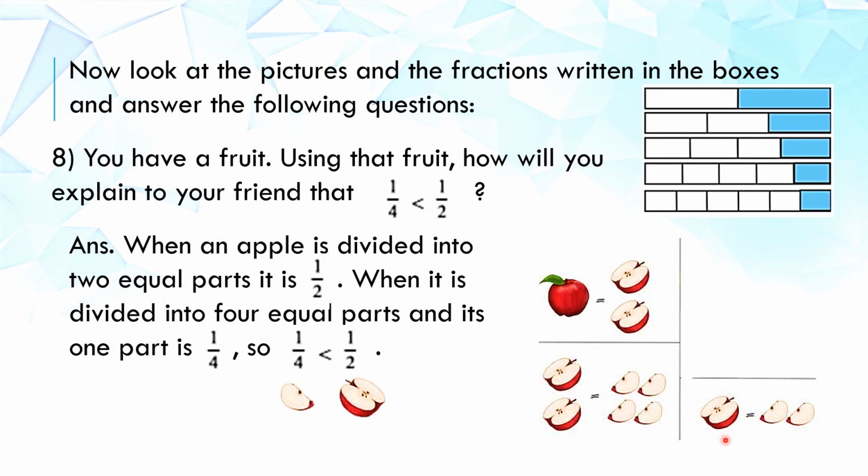So, half part is equal to 2 quarters and 2 halves is equal to 4 quarters. So, if we take 1 quarter and 1 half, which is bigger? Half is bigger. So, 1/4 is less than 1/2.